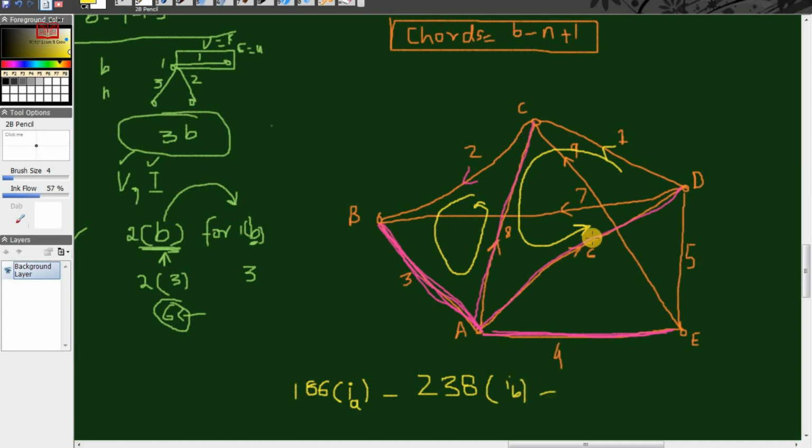Now there is another loop that we call 736. You can see this line is 7, this is 3 and this is 6. In this 736, the 7 is the code, and the direction of the 7 is here.